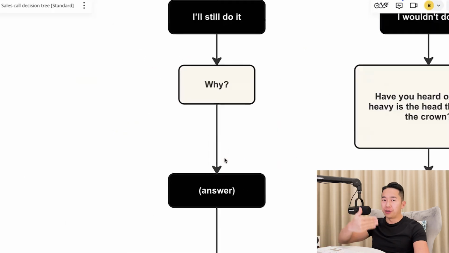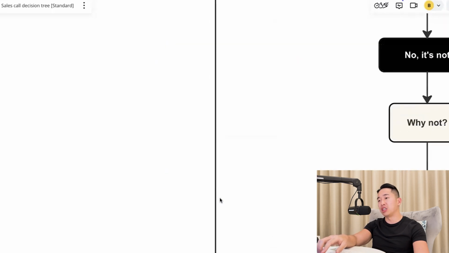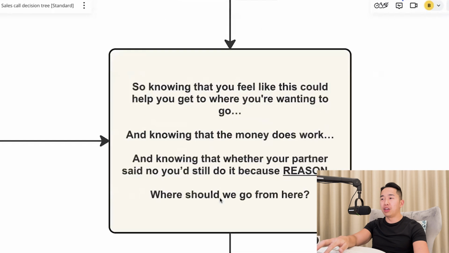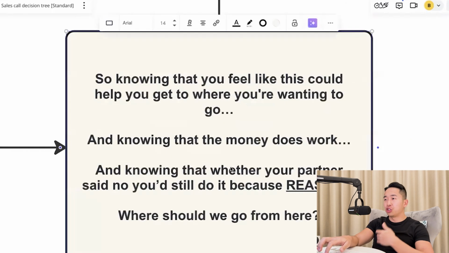Which solidifies the idea. They say, oh, because at the end of the day, it's my responsibility. They say whatever. And then you look back to the sale. Again, going back to the door. That partner door shuts. So knowing that you feel like this could help you get to where you want to go and the money works, and knowing that whether your partner says no, you still do it because ultimately it is your responsibility. Where should we go from here?